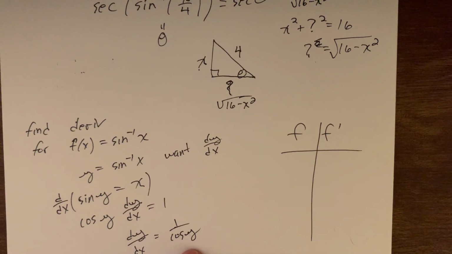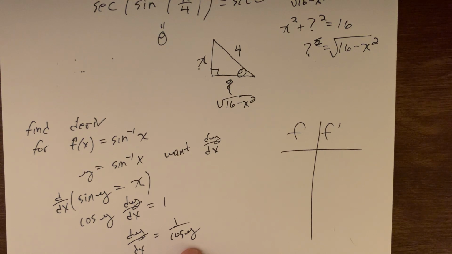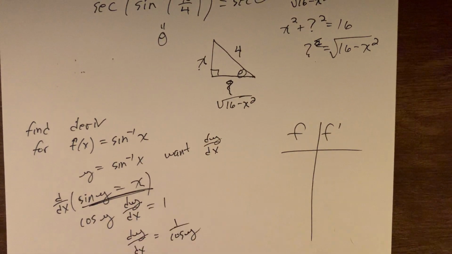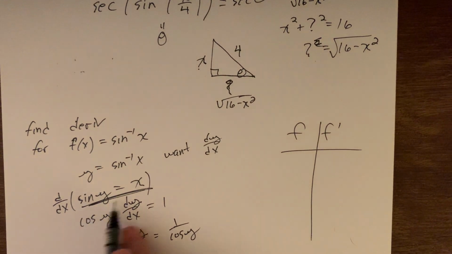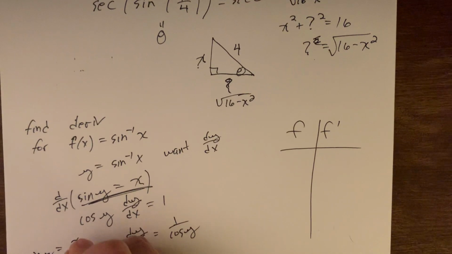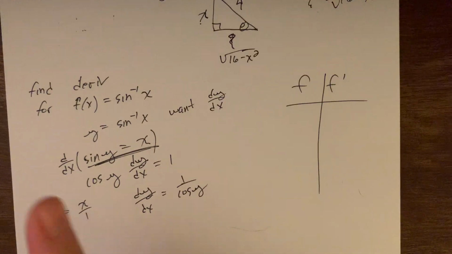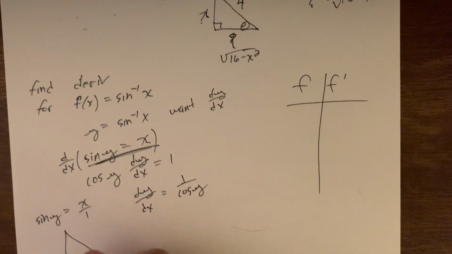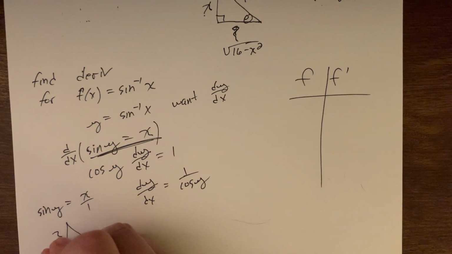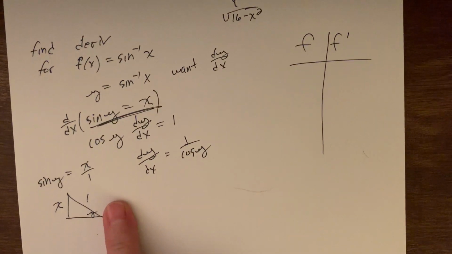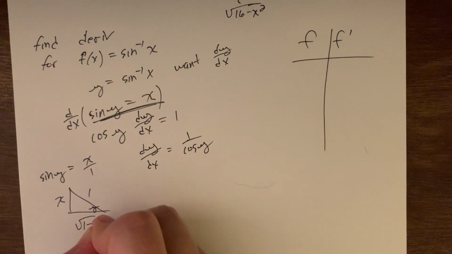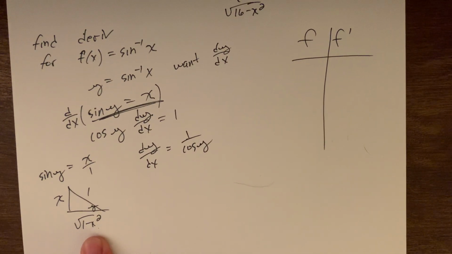So two ways to finish this. Option number 1 is to do what I just did up here. Come back to this line and realize that if I know sine of y is x, I could treat that as x over 1. I can make a right triangle with angle y for sine y equals x over 1. Use your Pythagorean theorem. You'll get radical 1 minus x squared here.